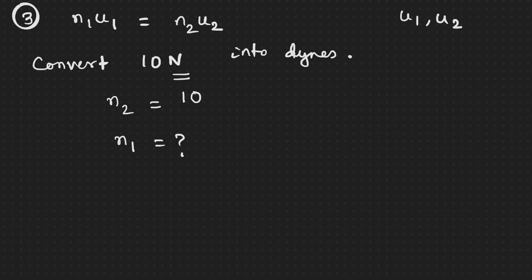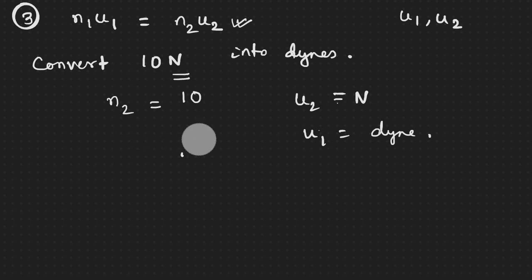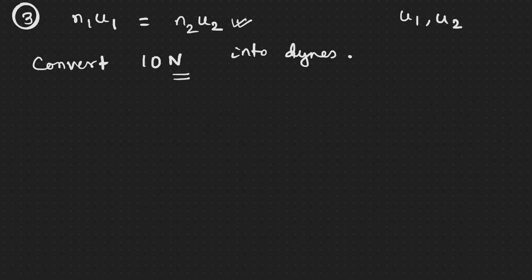So U2 is Newton. I must write it first. Then what would be U1? We know it would be dyne. It has been given, describe it in dyne. So U1 is dyne, U2 is Newton, 10 is N2, and N1 we need to find out. So how to find it out? For finding it out, we need to do it this way.